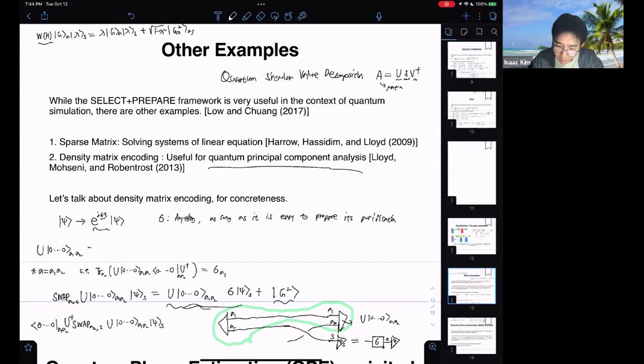So you can play the same game with a non-Hermitian matrix like this, and the majority of the things carry over. Is there a killer application of quantum singular value decomposition? I'm not completely sure, but you can do it. It'll be cool if somebody can come up with a cool application of this.